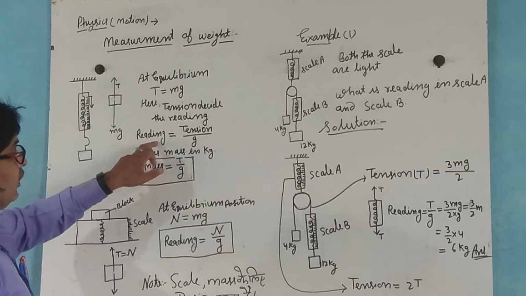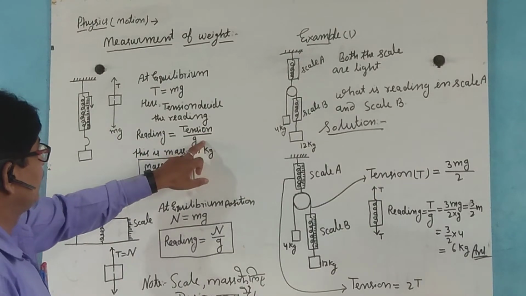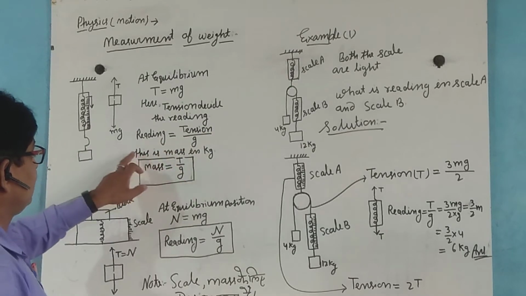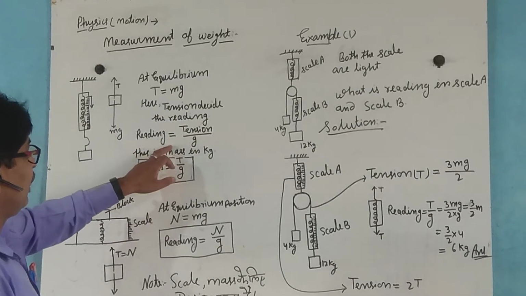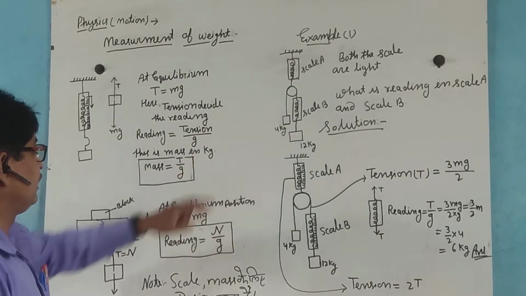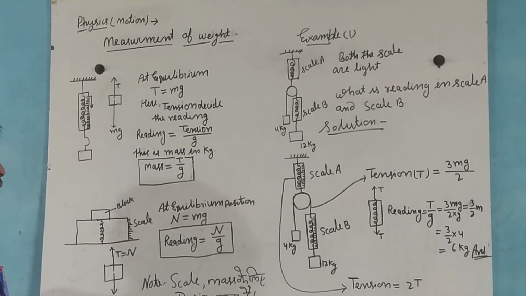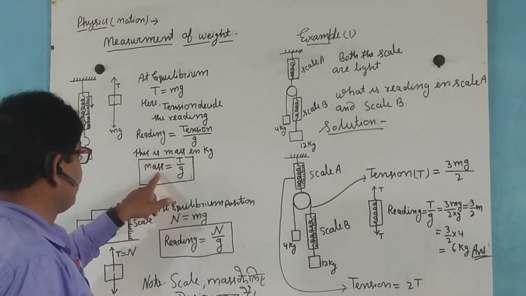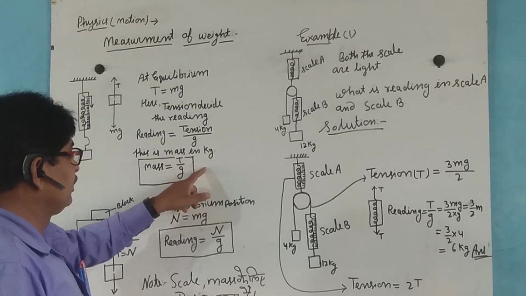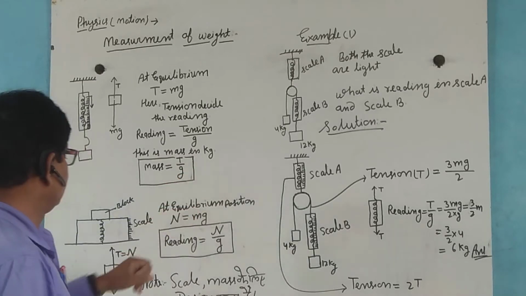Here reading is equal to tension by g. This reading gives mass in kg. We can say that the mass of the block is equal to T by g. This unit is in kg.